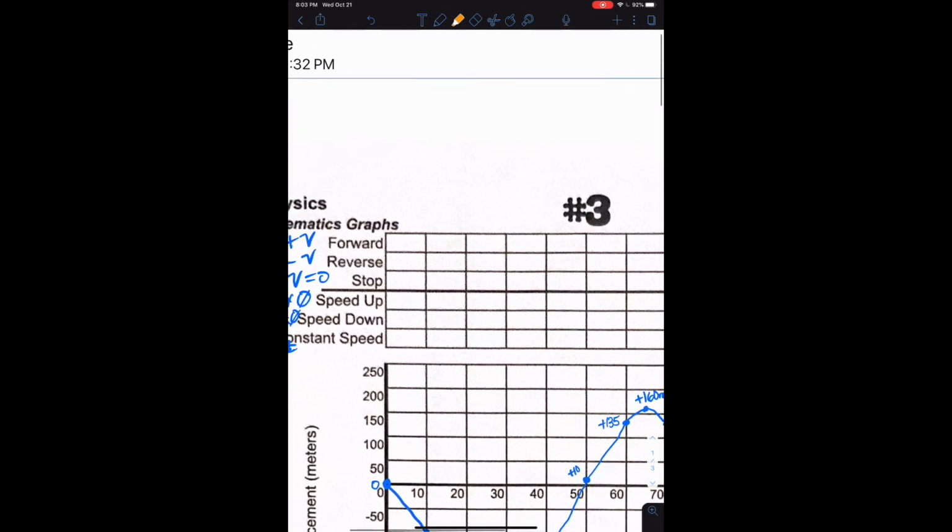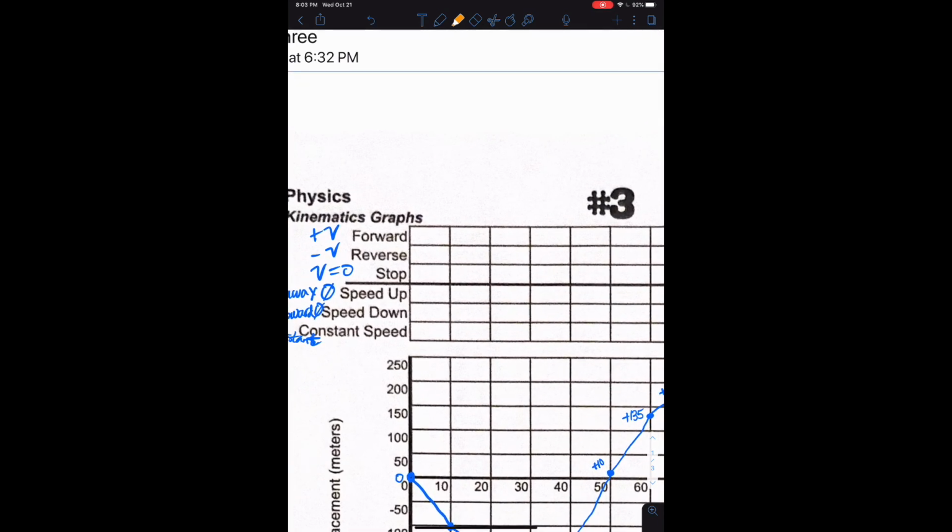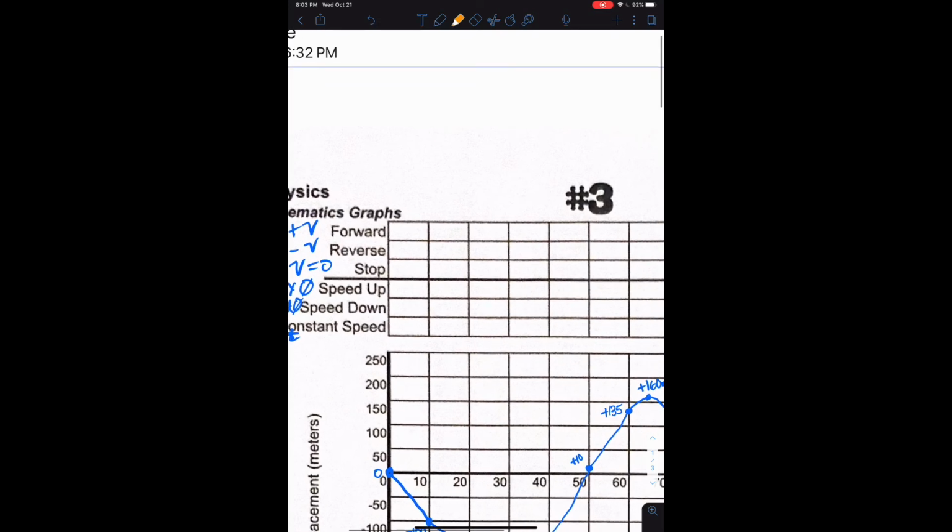I'm going to use this position versus time graph underneath here just to line it up and find 0. So from 0 all the way to 25, where's 25? It's about right there, right? So all of this is going to be negative velocity.